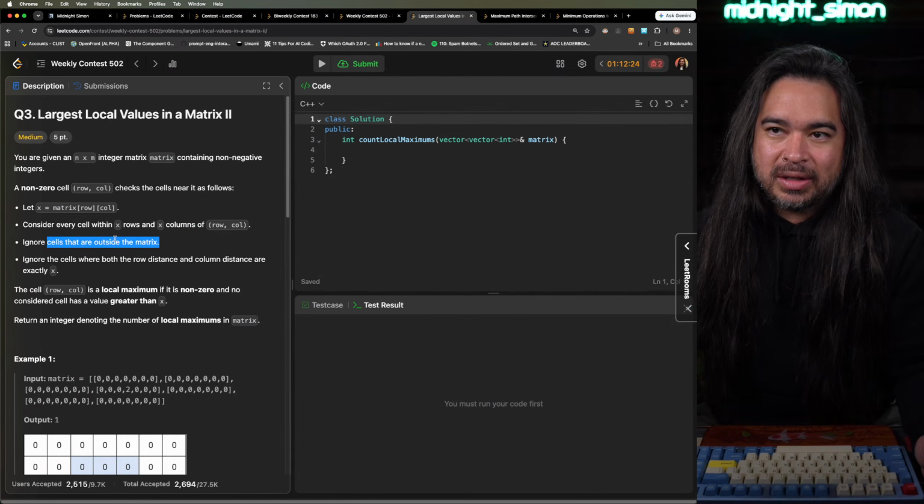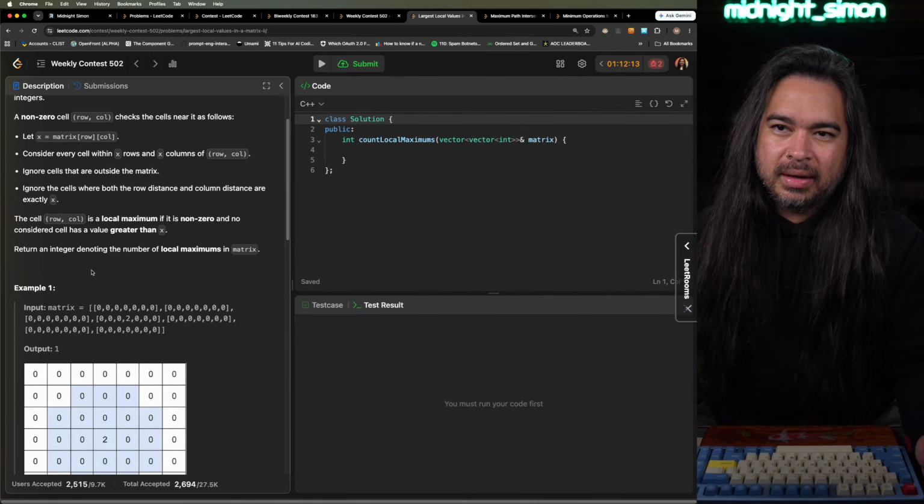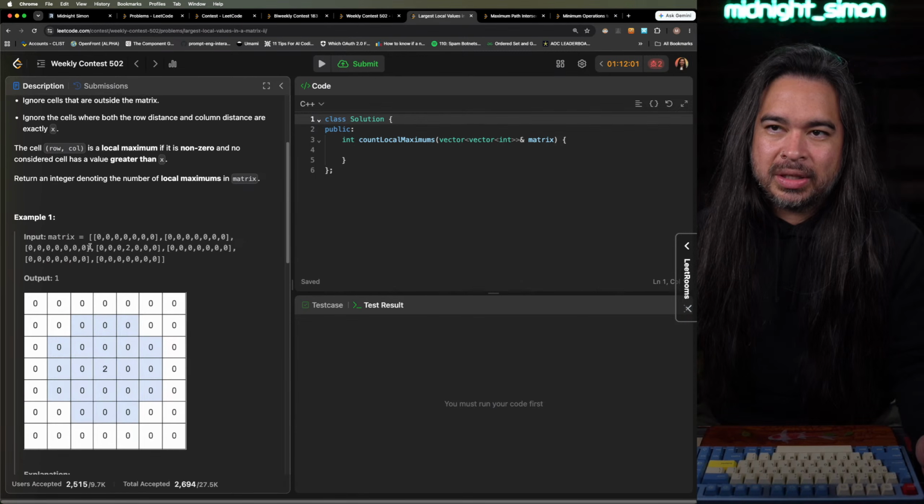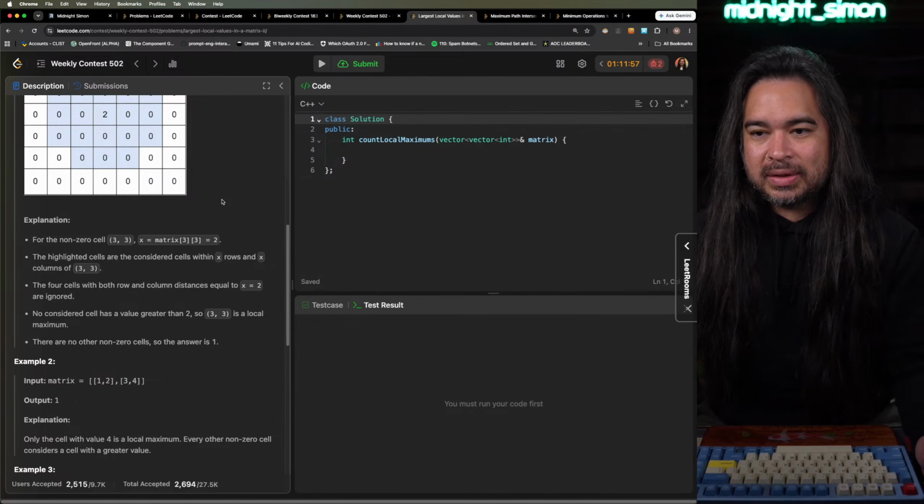Ignore cells that are outside of the matrix. Ignore cells where both the row distance and column distance are exactly x. The cell row column is a local maximum if it is non-zero and no considered cell has a value larger than x. Return an integer denoting the number of local maximums in the matrix.